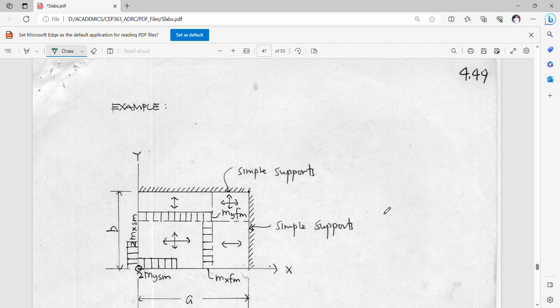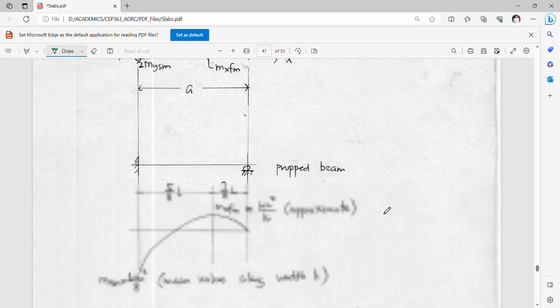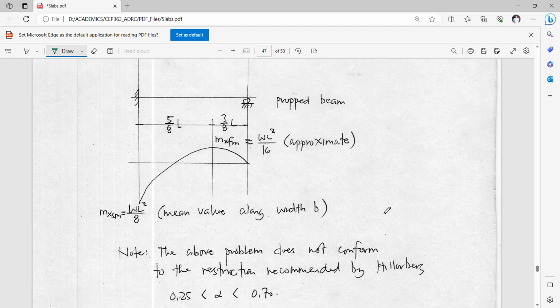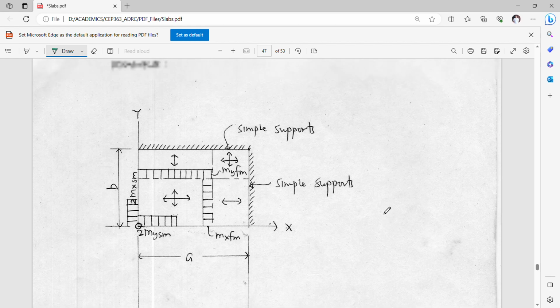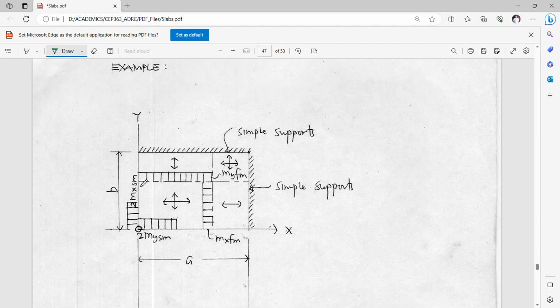So for an example, just to give you how this will be done using a procedure, I have here a 1, 2, 3, 4, 4 over 16, which is 1/4. This is 1/4 of your actual slab panel.